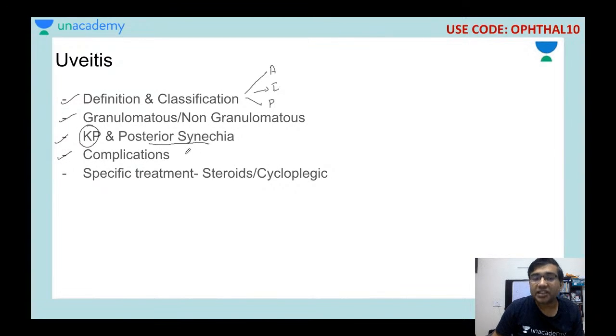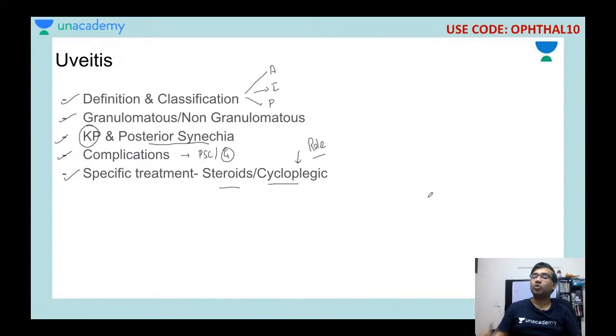What are the complications of uveitis, like posterior subcapsular cataract and glaucoma, and how are they treated? The treatment with the help of steroids, and where we use cycloplegics, what is the role of cycloplegics in uveitis. So these can be the potential questions that you have to prepare when you get a long case of red eye. So with this, I end my session.